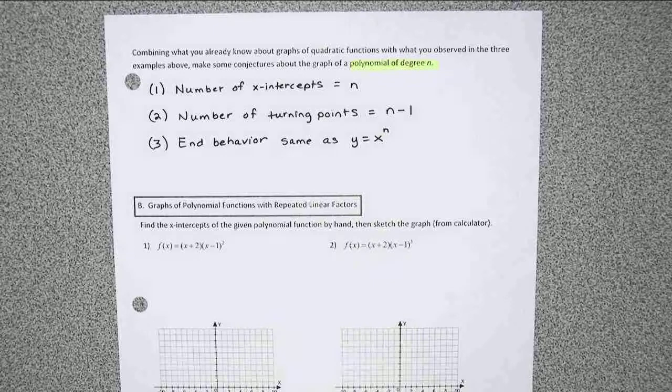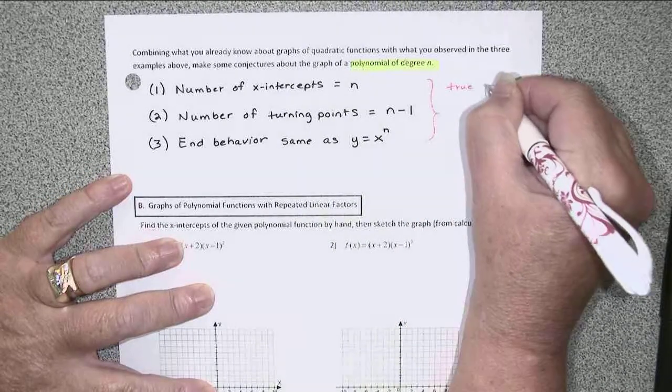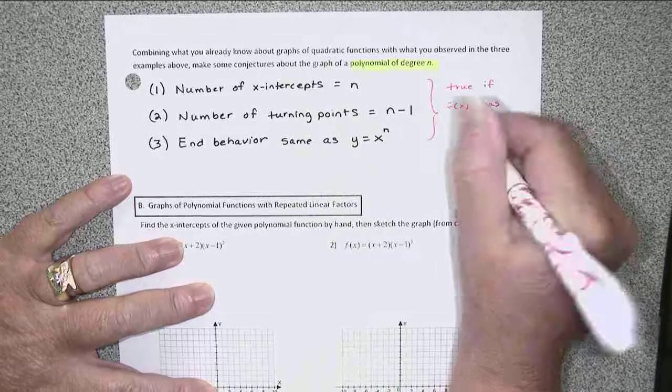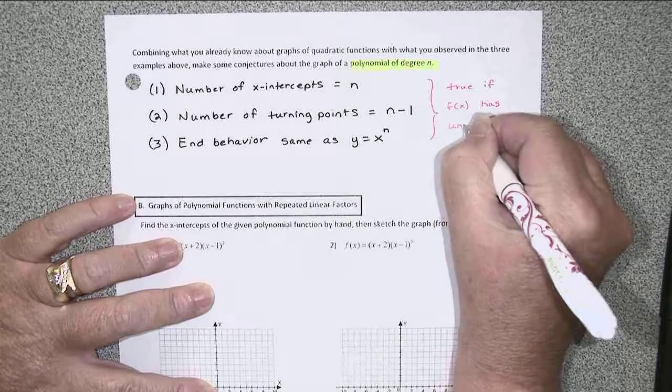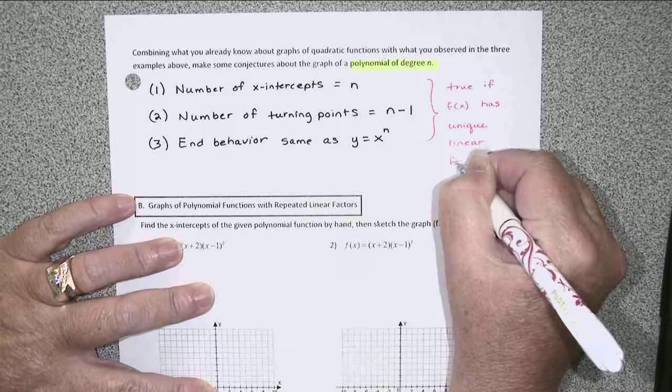Now, something else to keep in mind is that every polynomial that we looked at in this particular part of this section was factorable so that all of our factors were linear, right? Just x to the first power. So far, I'm really only comfortable saying that these are all true if f of x has, I'm going to say, unique linear factors.